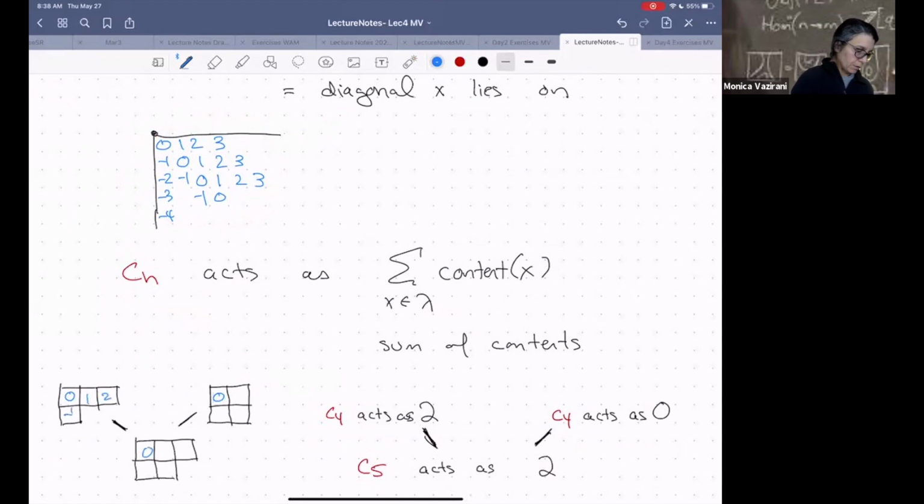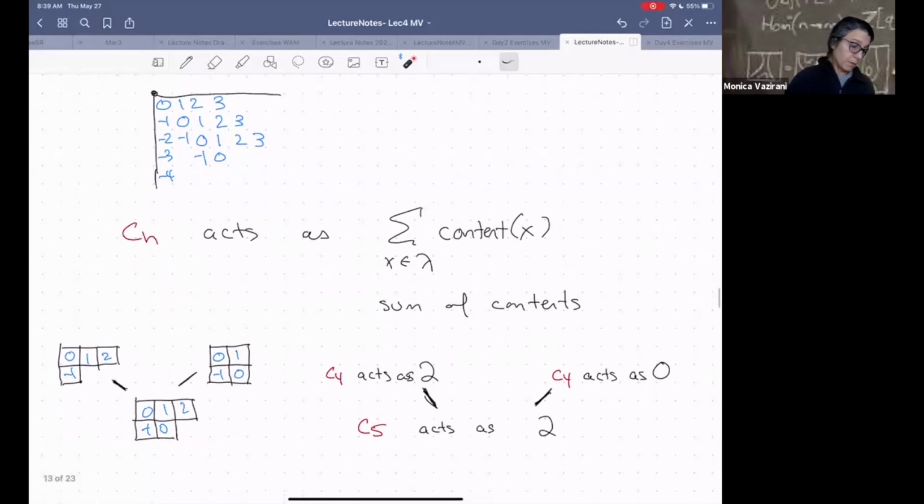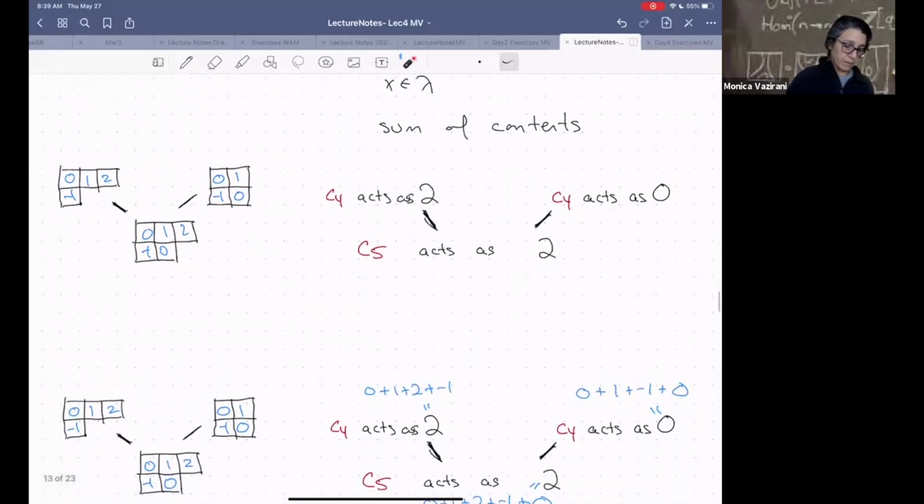So 0, 1, 2, and minus 1, 0, 1, minus 1, and 0, 0, 1, 2, minus 1, and 0. If I want to know that C4 acts as 2, I just have to add up these 4 numbers and hope I get 2. Adding up these 4 numbers gives 0, whereas here I add up these 5 numbers and I get 2. That is a combinatorial rule for how this central element acts.